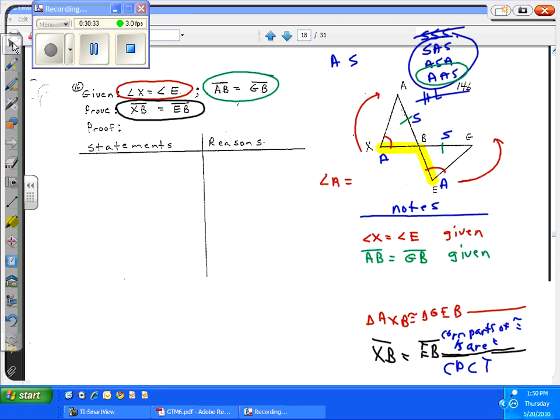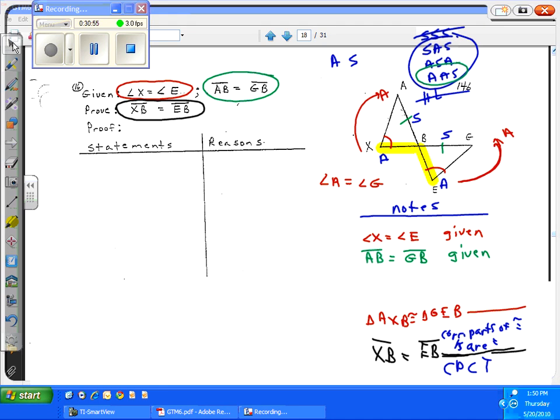And in the other triangle, if we were going to go this way, I'm sorry, by angle, angle, side, we would need angle A. And if I was going to go this way, on the other one, I would need angle G. So I would need to know that angle A is equal to angle G. If there was a way to prove that angle A was equal to G, I could say they are congruent by angle, angle, side, that direction.